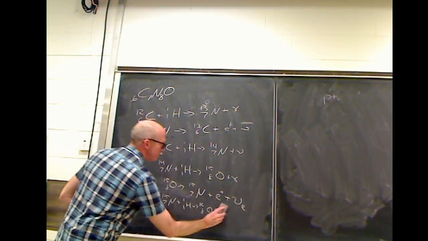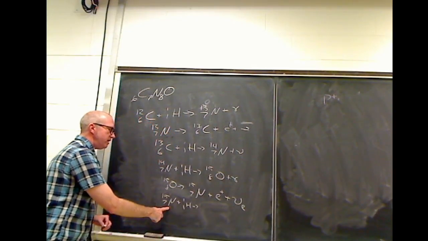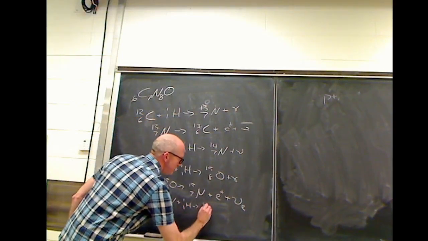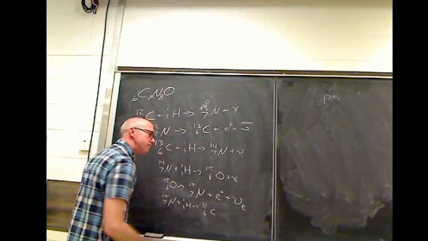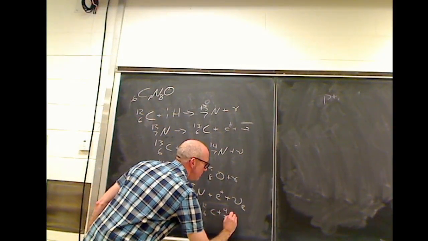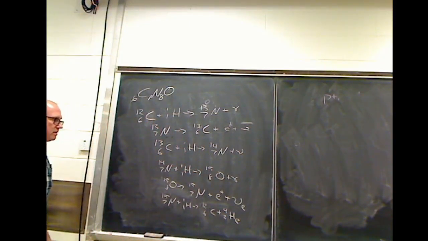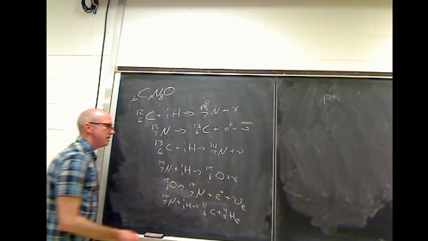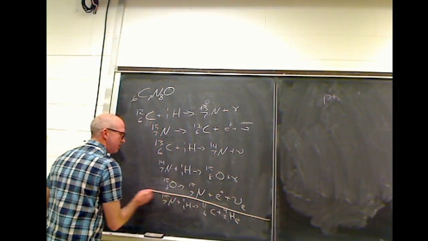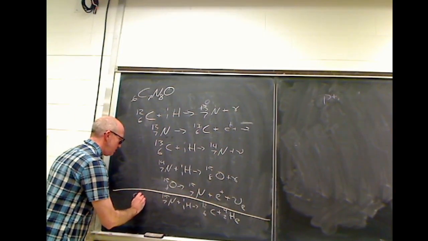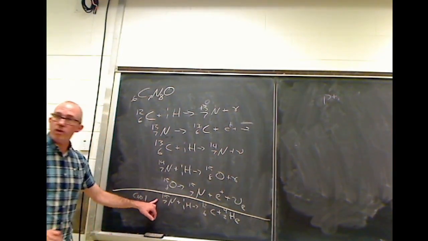Looked at the wrong thing. The nitrogen 15 plus the proton goes back to a carbon 12 plus an alpha particle. So this is the first way that it can finish up.